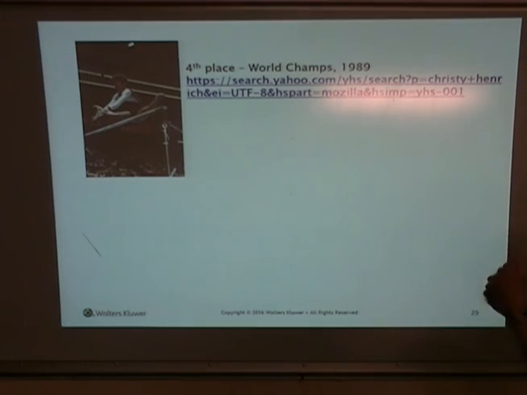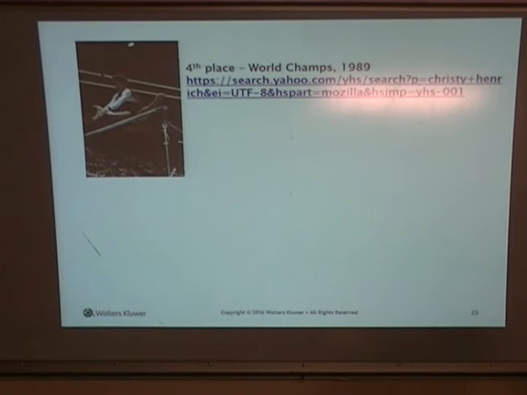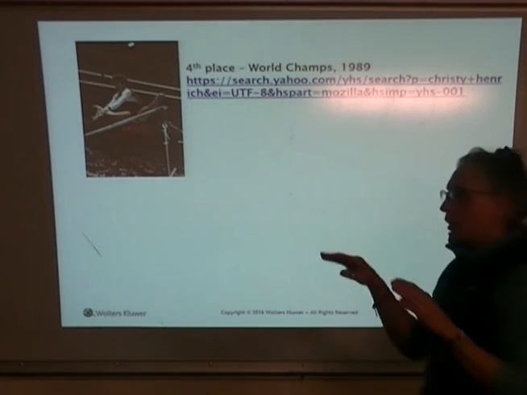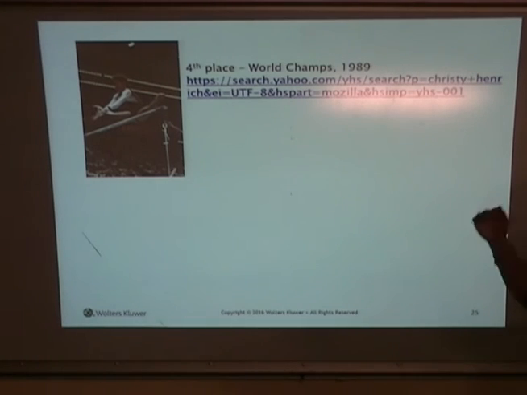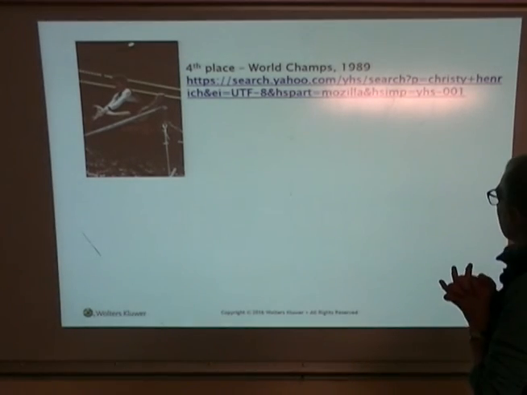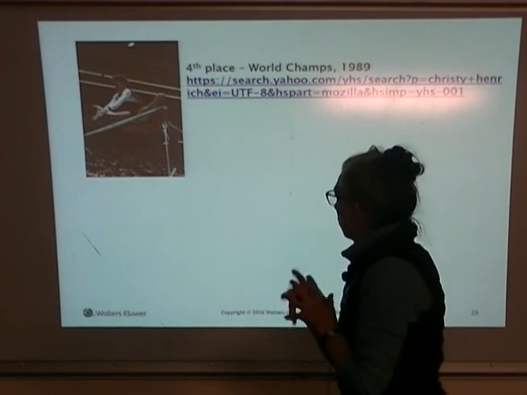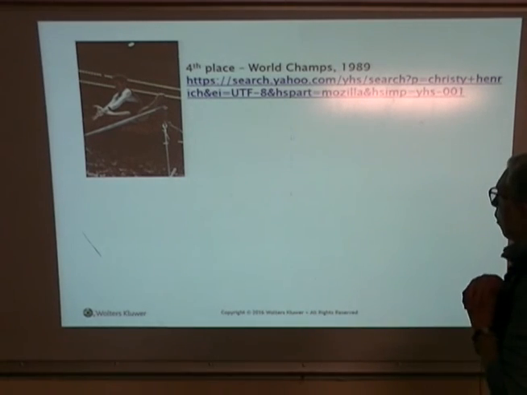So this young lady was a very good American gymnast. American gymnastics was not at the top of the world team tier like it is now for women. They were hovering around 4, 5 regularly. They would kind of flip-flop 4 and 5 with the other team. And they went to the World Championships in 1989.